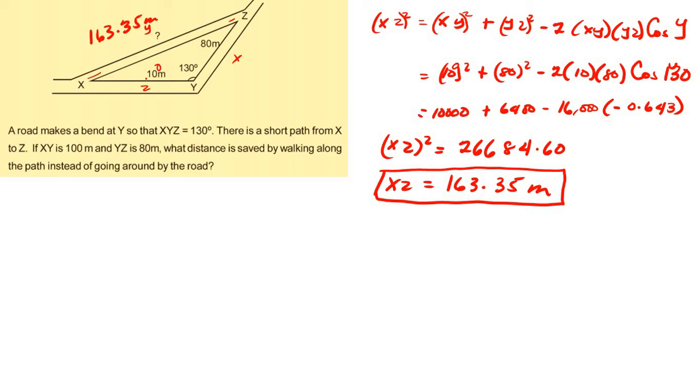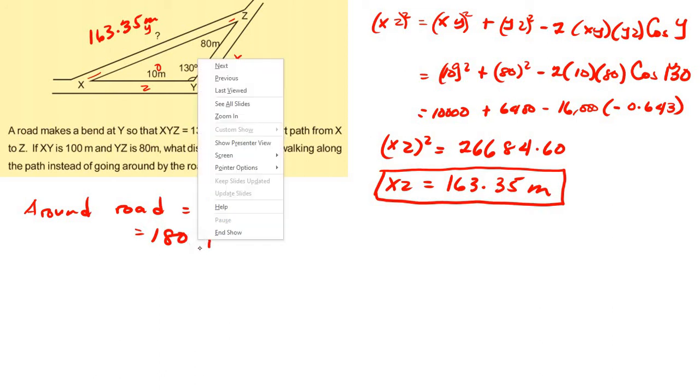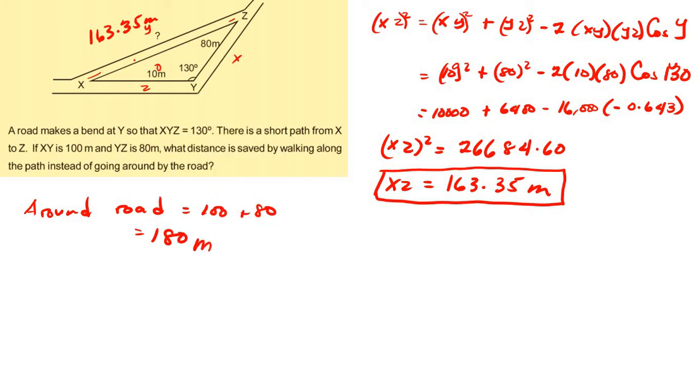So if this is going around the road, that would be 100 plus 80, giving us 180 meters. However, if we're going to follow the path, the path is 163.35 meters.